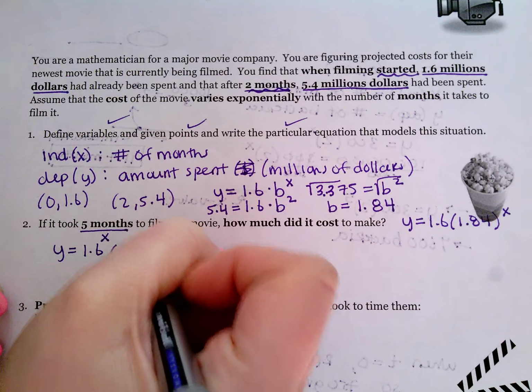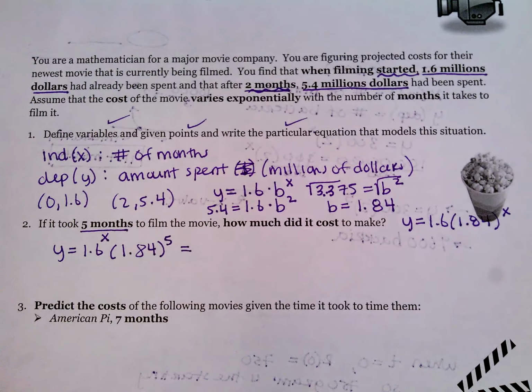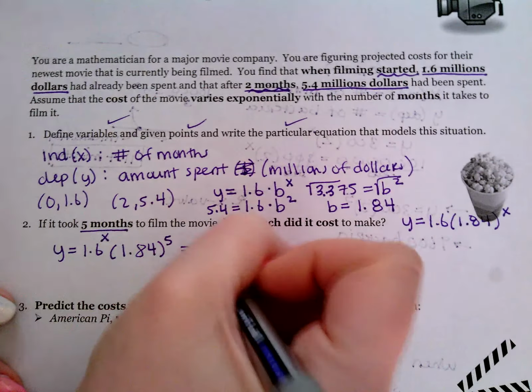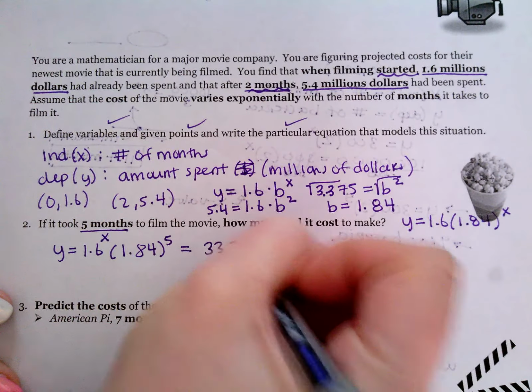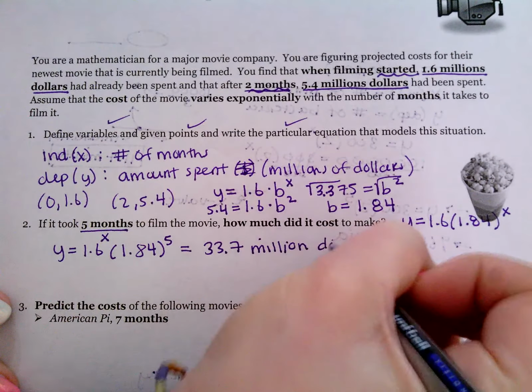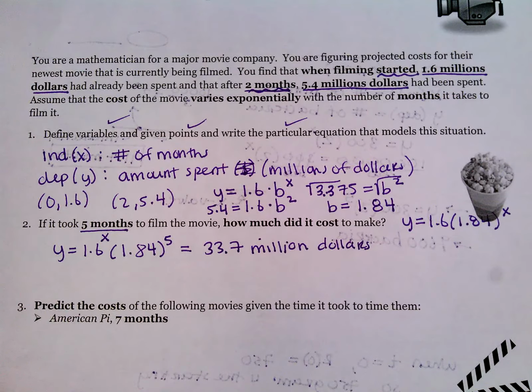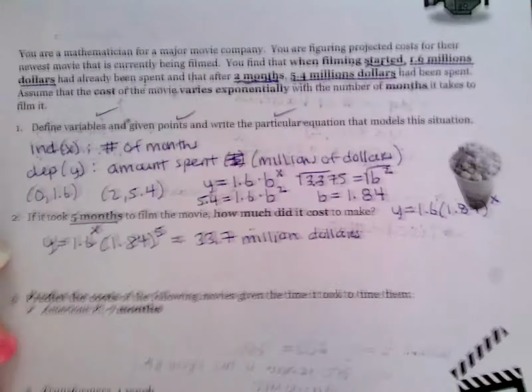Predict the cost of the following movies given the time it took to film them. It must mean film, my fault. So 7 months. Do you like that? American Pie, if it took 7 months. So y equals 1.6 times 1.84 to the power of 7 for this one.